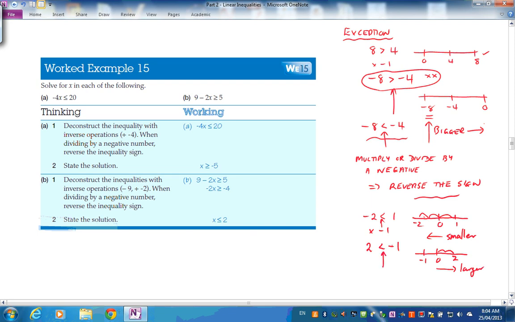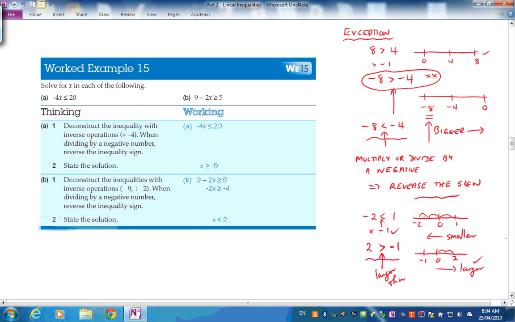That sign should have been changed on multiplication by -1. So we're going to say, when I do that, the sign changes to 2 is greater than -1, because it's now changed its position on the number line relative to -1.